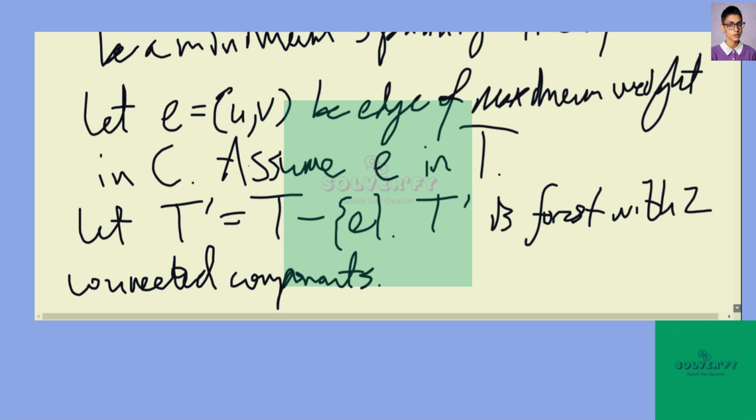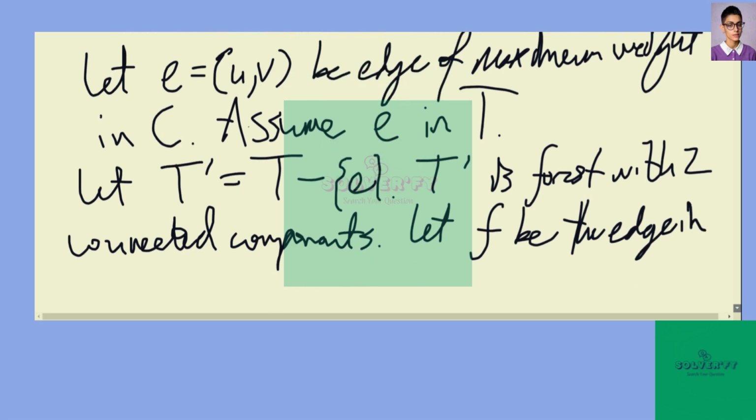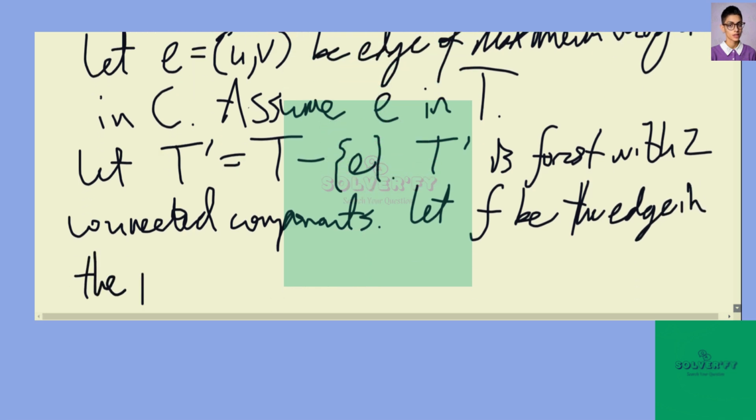Let F be the edge in the path C minus E which is used to move between the two connected components.